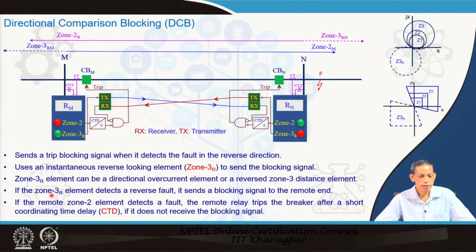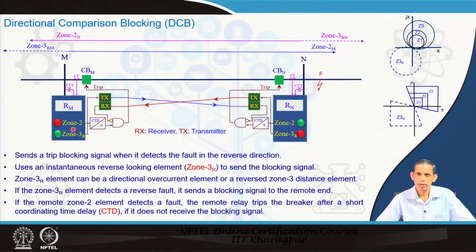But what happens if the remote zone 2 element detects a fault, let us say for this fault? The remote relay trips the breaker after a short coordination time delay only, if it does not receive the block signal. Suppose it is in zone 2, and zone 2 operates in 15 cycles or so.